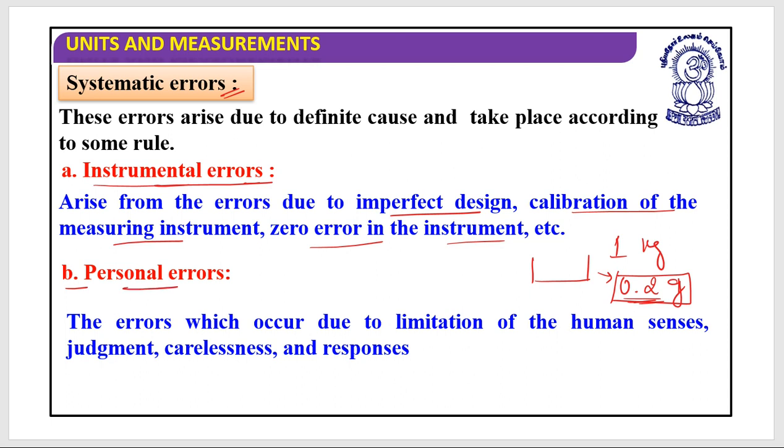Next, let's move to the personal errors, which are the errors that occur due to limitation of the human senses, judgment, or carelessness and responses. These errors are known as personal errors. There are certain times that we don't know how to measure a certain physical quantity, and whatever errors arise at that point of time are known as personal errors. Let's say you have taken a thermometer. You know a thermometer, yes.